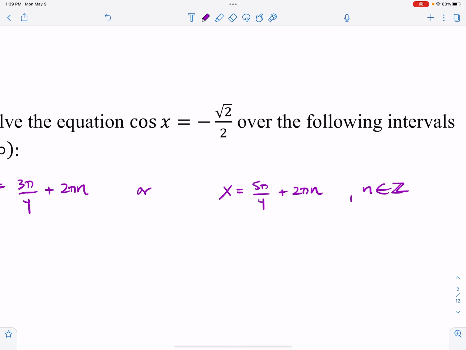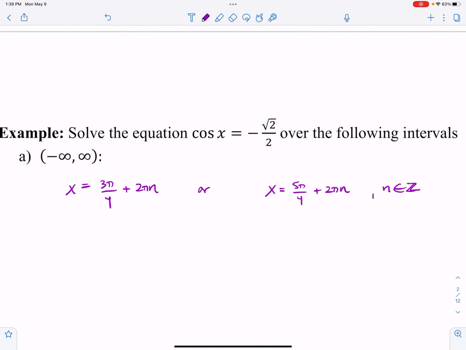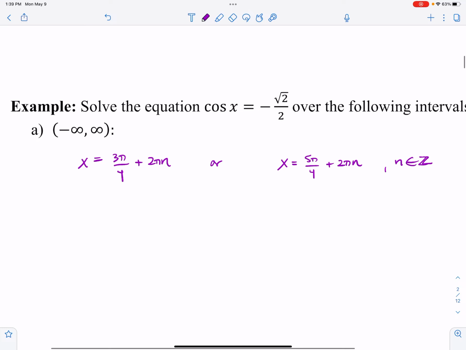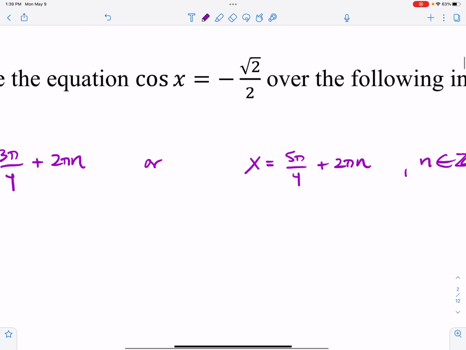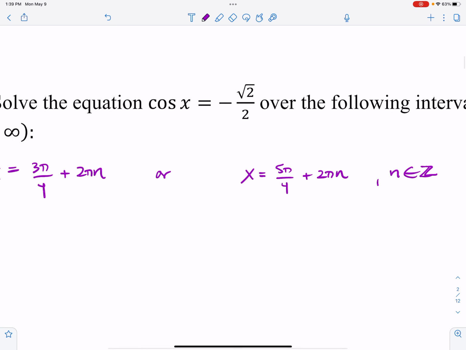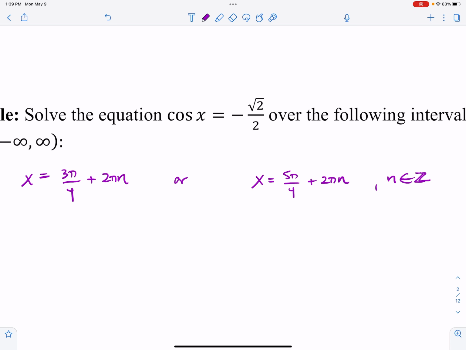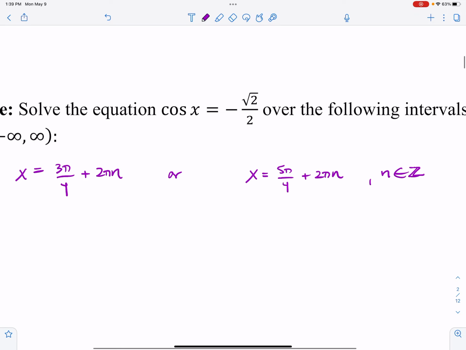You can write out where n is an integer, or you can use the shorthand, n is an element of the integers. So that means that n can be 1, 2, 3, 4, 5, 0, -1, -2, -3, -4, and so on. So this statement represents all of the possible solutions, so all the solutions over all real numbers to that equation.